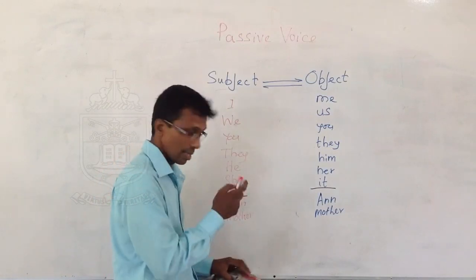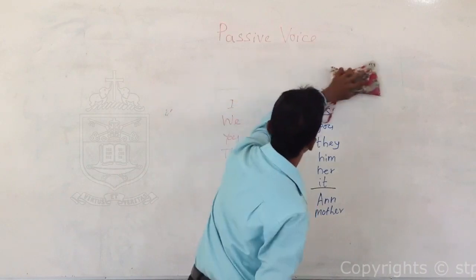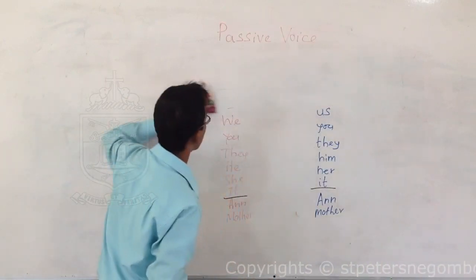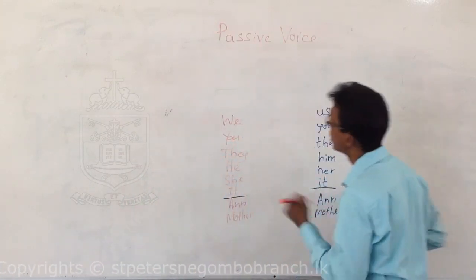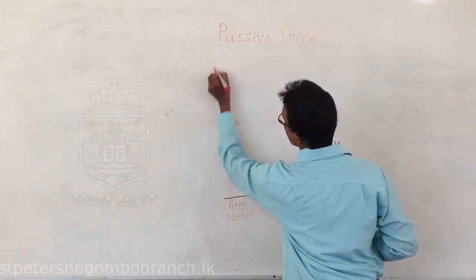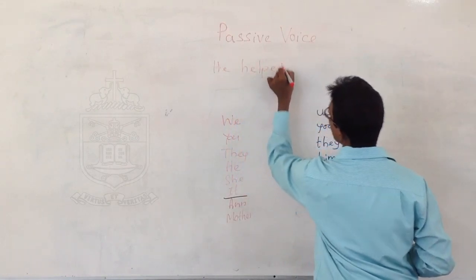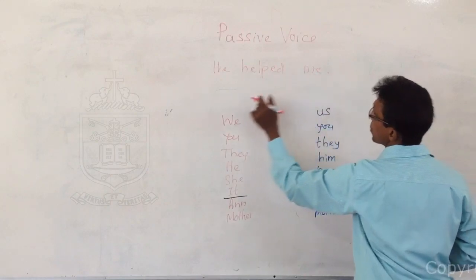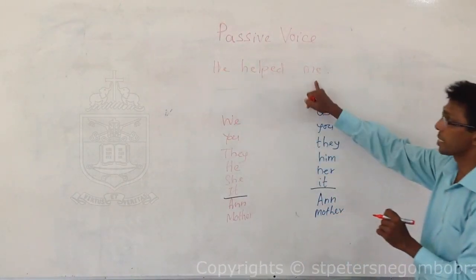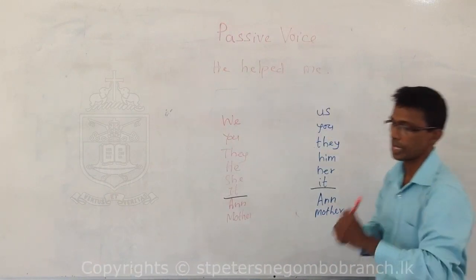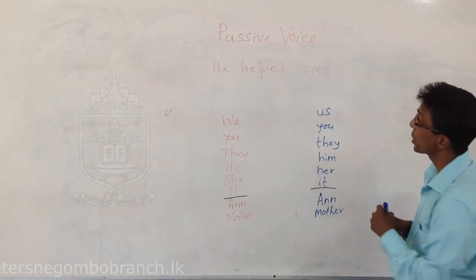Okay, let's take another sentence here to show this difference. It's like this. We say, "He helped me." So you see the subject and the object. This is the subject and this is the object. And this is active voice. When you go to passive voice, the pronoun changes.